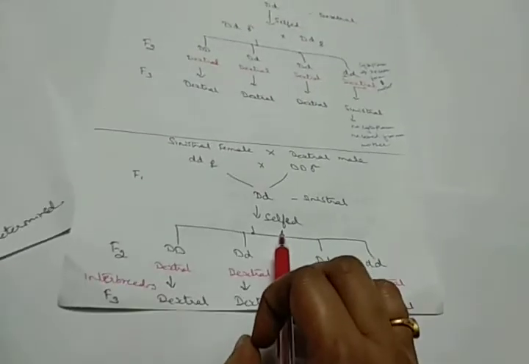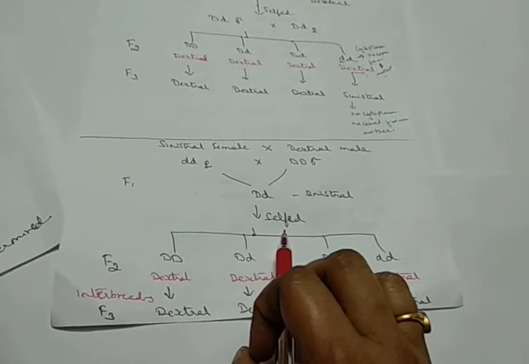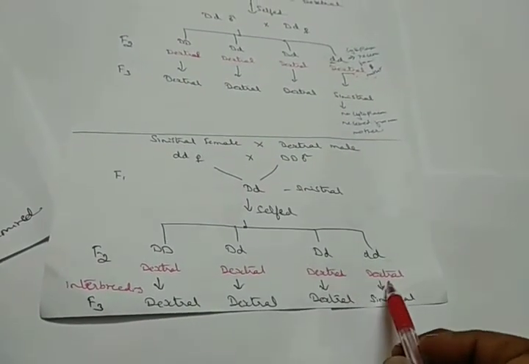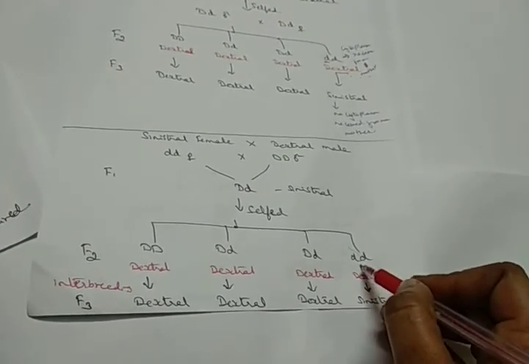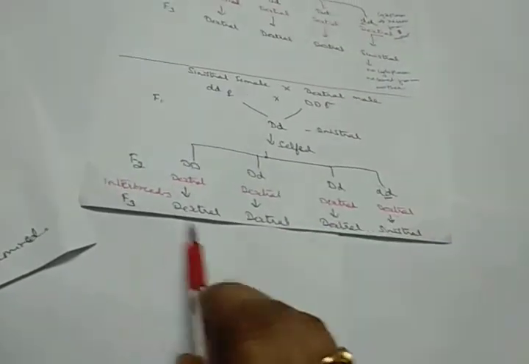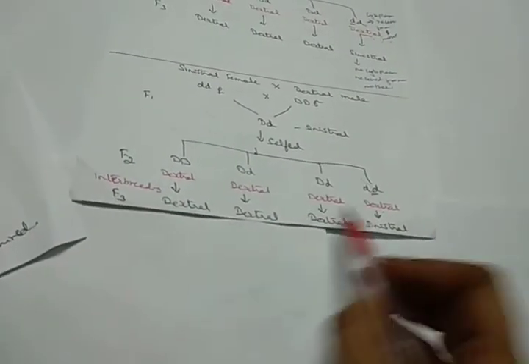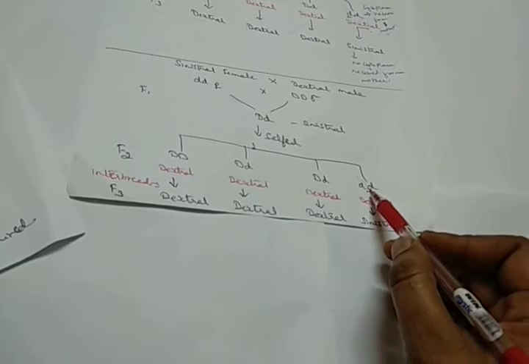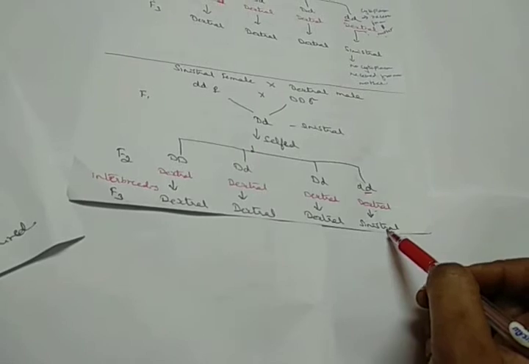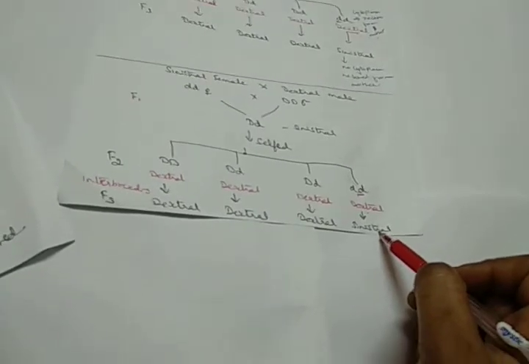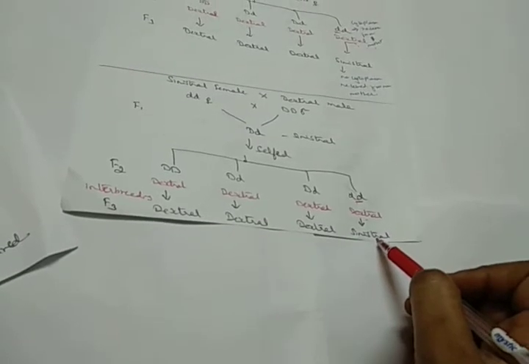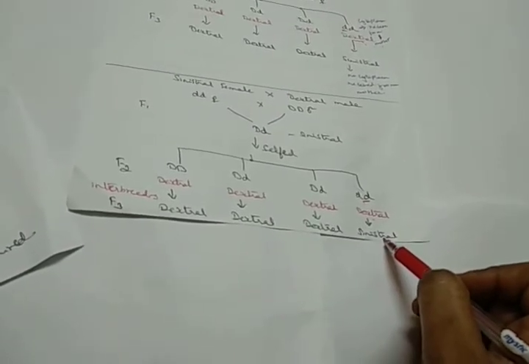when it is selfed, in F2 you are able to identify all the forms are again dextral, because one of the D it has received from the female. When you continue with the next generation, the same small d appears, but it will be in the sinistral form, because this particular mother does not have any cytoplasm and it is not received from the mother, but it will be received from the father, that is from the sperm.